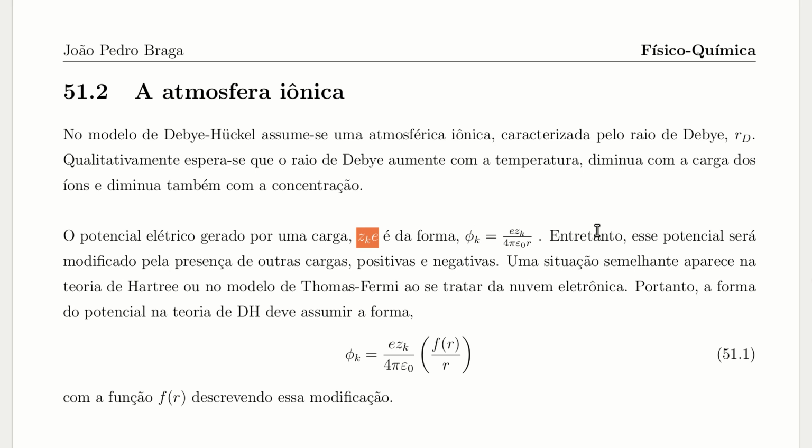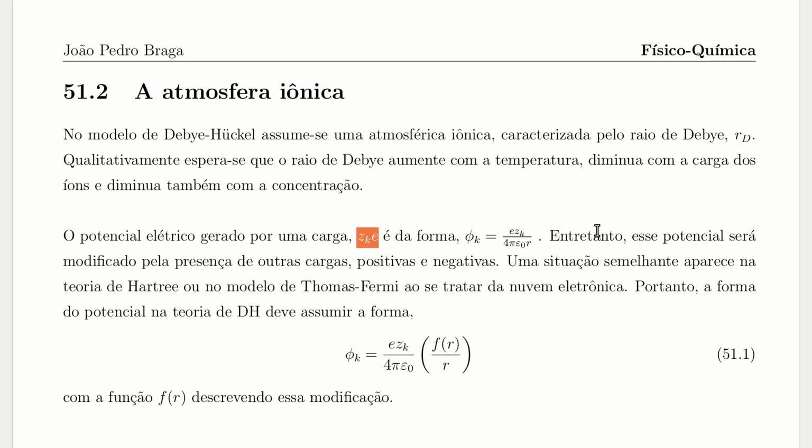But since there will be a charge around, let's say a positive charge, this charge will be shielded by the other ions. And it is about this shielding, this ionic atmosphere, that is the theory of Debye-Hückel.